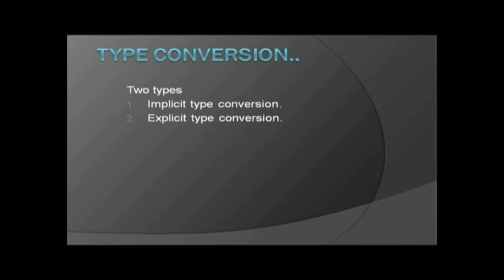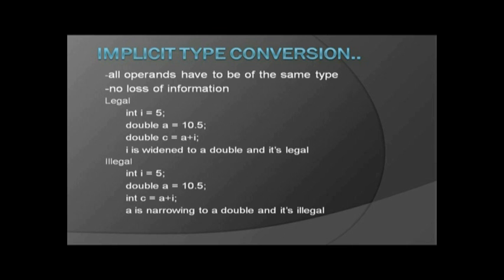Type conversion is concerned with changing an entity of one data type into another. One is implicit type conversion and the other one is explicit type conversion. Implicit type conversion is also called automatic type conversion or automatic widening.